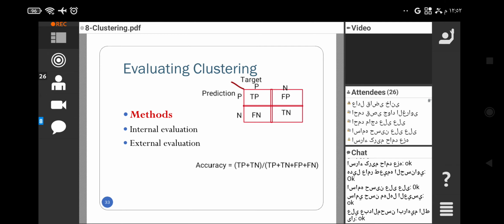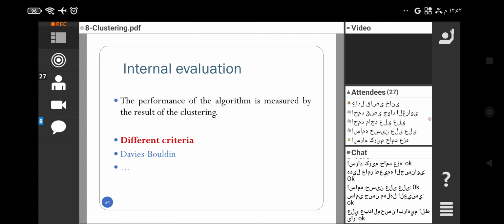But how do we evaluate the clustering algorithms? We have two different methods to evaluate the clustering. The first method is internal evaluation. In the internal evaluation, we are evaluating the clustering based on the performance of the clustering algorithm.